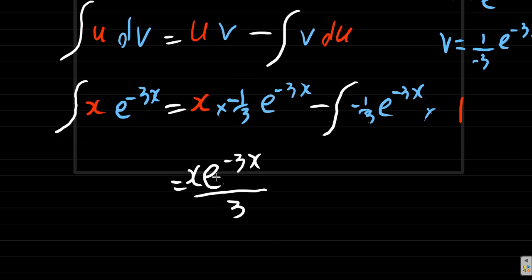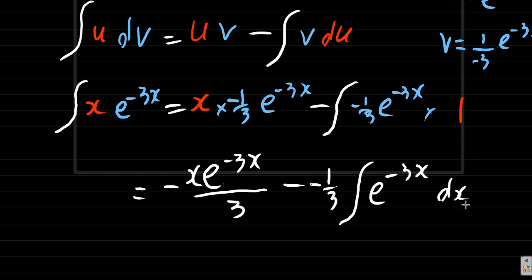So up top you have x e to negative 3x. Down the bottom you have 3. Let me just make the top part the negative part, so equal negative, all of that, minus, now we have negative 1/3 times 1. We can move the negative 1/3 behind the integral sign, so it's minus negative 1/3 integral of e to the negative 3x dx. Alright?